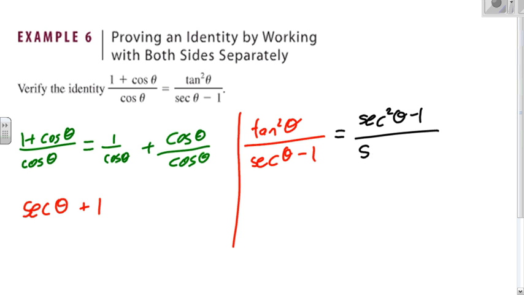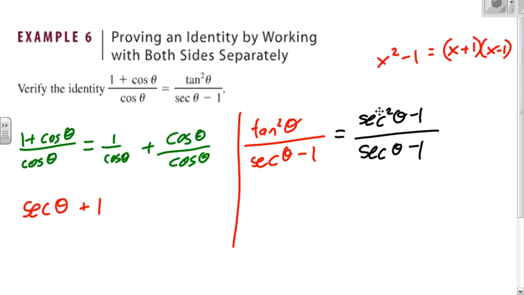Secant squared minus 1 can actually be factored. If you think about it as like x squared minus 1, that would be x plus 1 times x minus 1. It's a difference of squares.